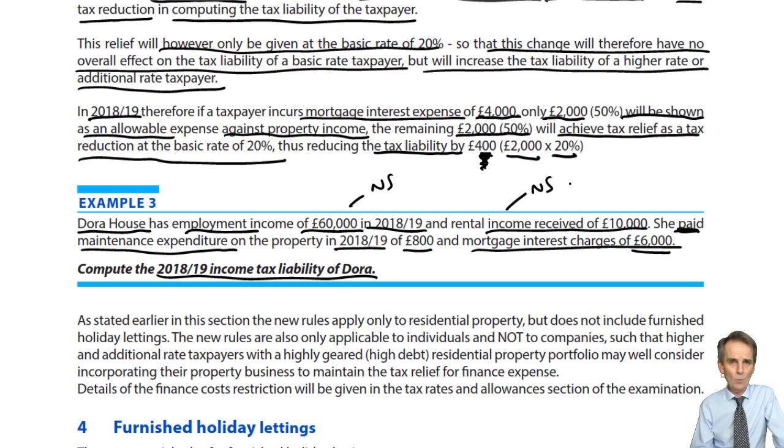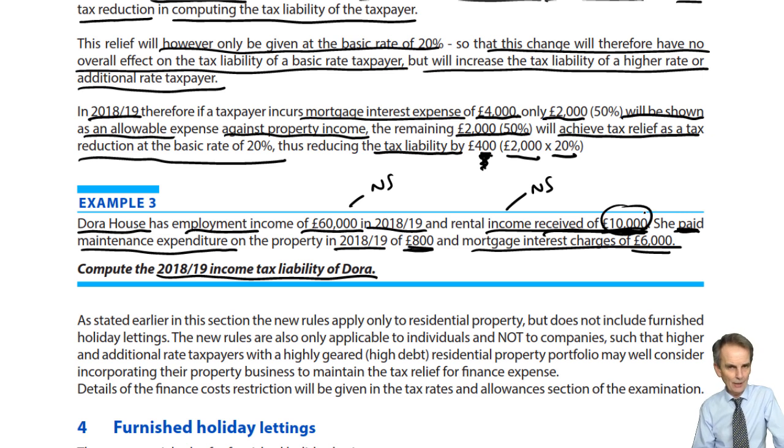We've then got to work out what our net rental income will be. The gross rental income received was £10,000, from which we're clearly going to deduct £800. Maintenance expenditure, perfectly allowable revenue expense paid in the tax year, we're told, £800. That will be deducted from your £10,000 rental income received.